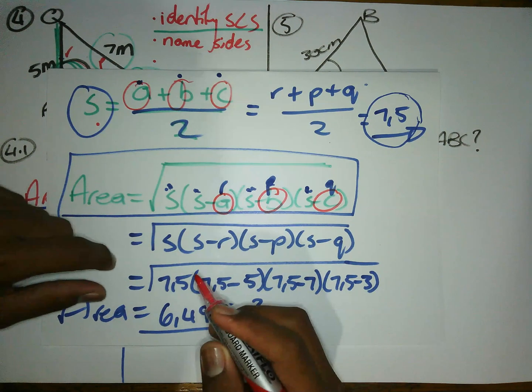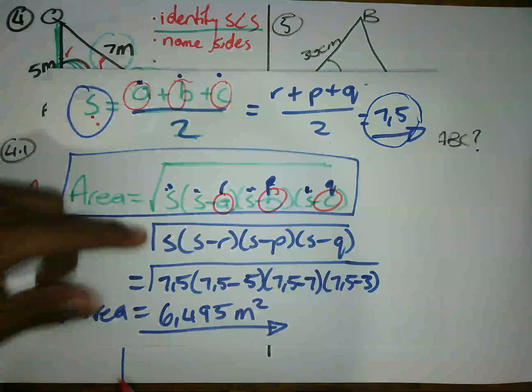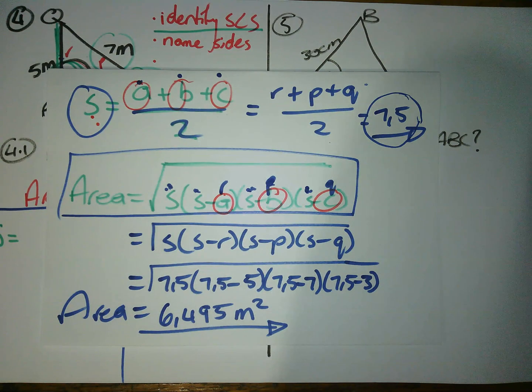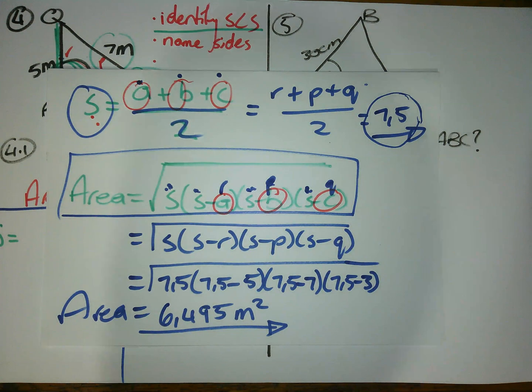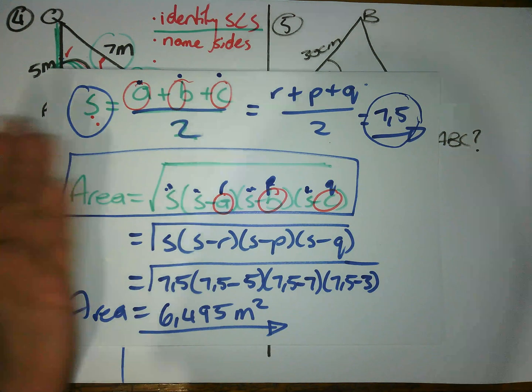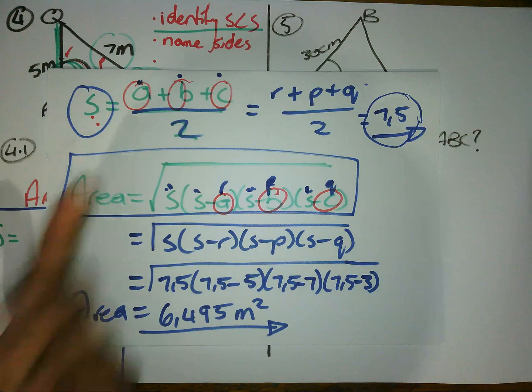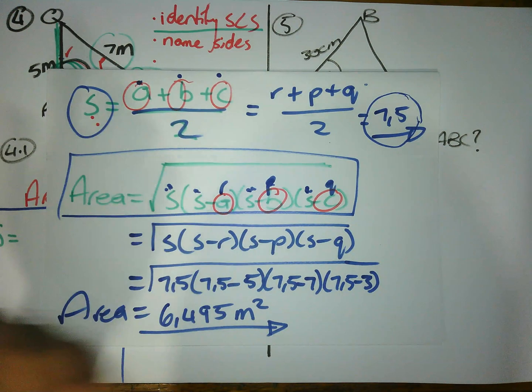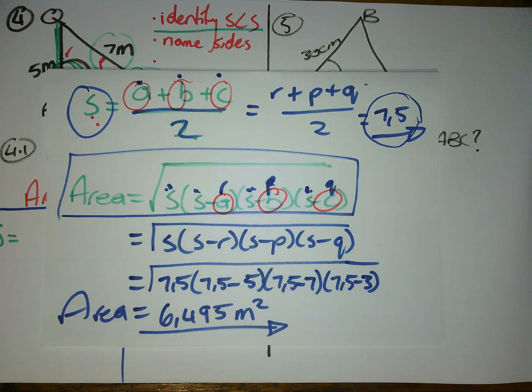But you also need all three sides to get your S. You can't get your S without all three sides. Good question. Thank you for asking. And as you can see, there are no angles involved, just sides. We can call this our sides constant, or sides variable. Because you're using all the sides and the name is S, maybe S for sides. I don't know. It's up to you what you want to call it. S factor. Give it a nice name.